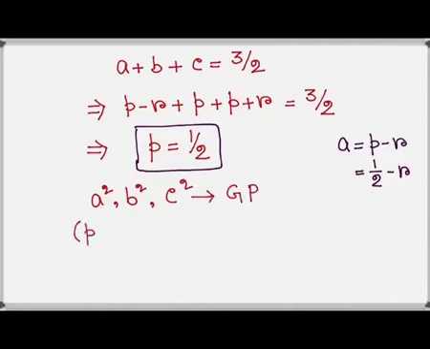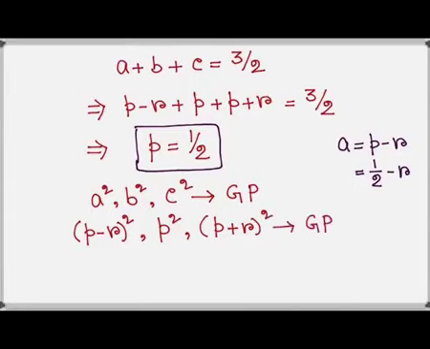So we have P minus R whole square, P square and P plus R whole square in geometric progression.